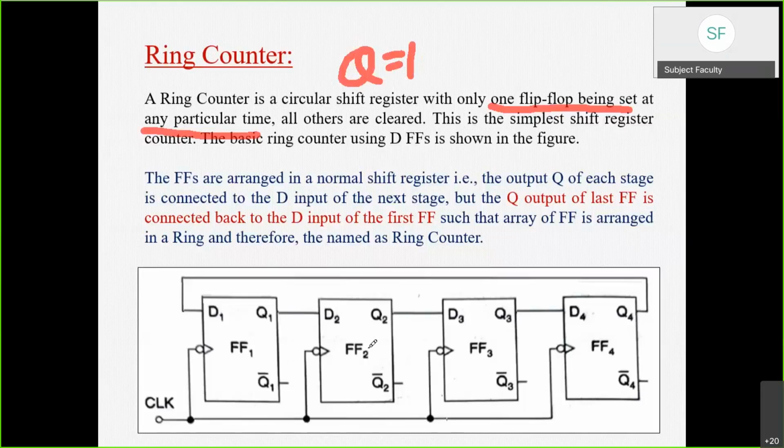Either it may be flip-flop 1, or flip-flop 2, or flip-flop 3, or flip-flop 4.